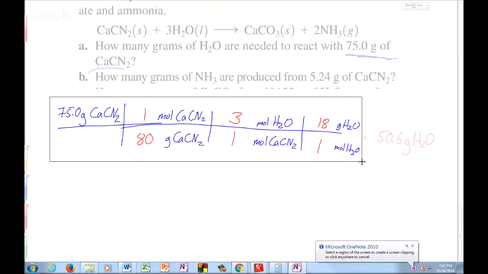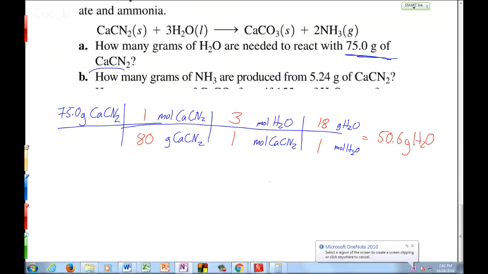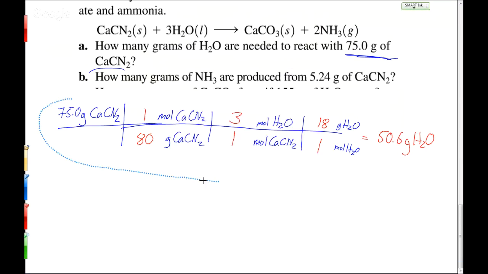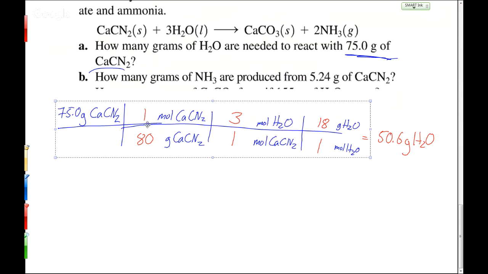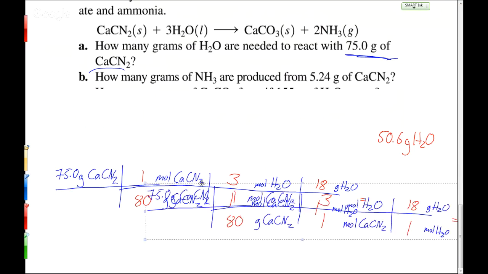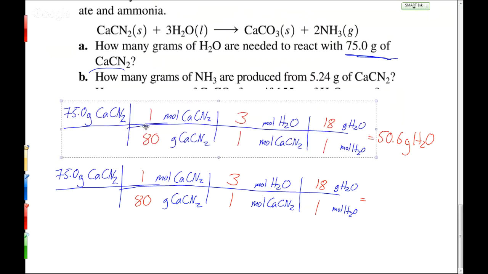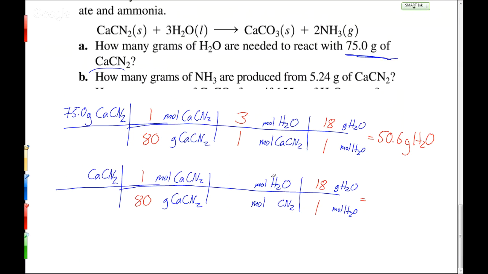The moles of water to moles of CaCN2 we get from the equation, 3 and 1. Water I know is 18 grams per mole. CaCN2, anybody calculate that? 80. All right, so then we can calculate through. 75 divided by 80 times 3 times 18. 50.6, we'll say. Water needed.